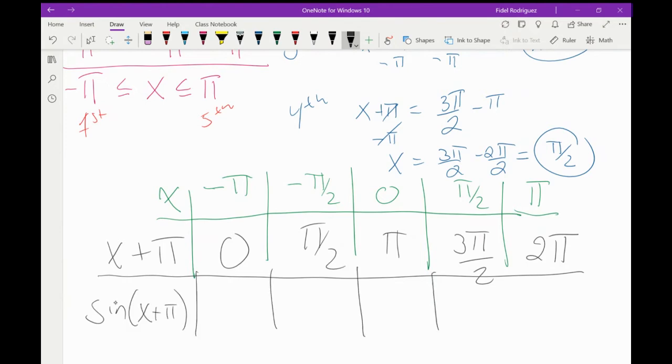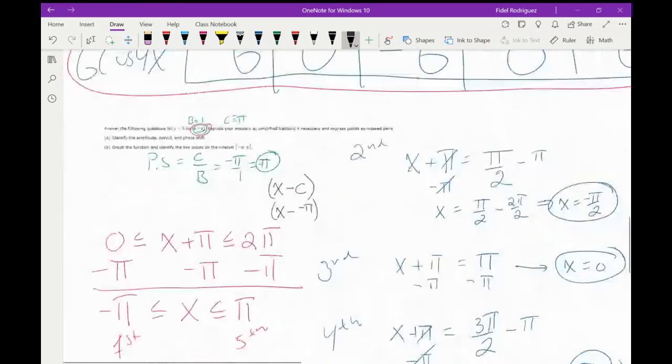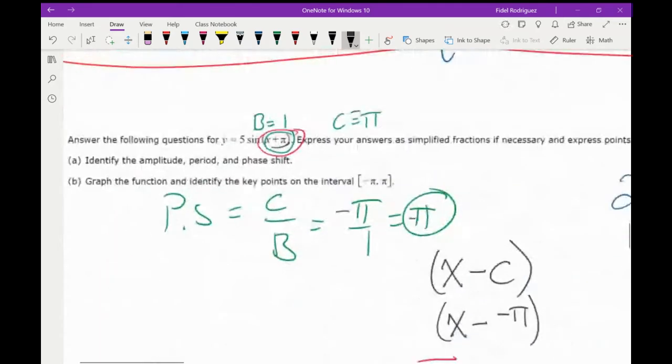Now let me ask y'all a question. Remember what the sine of 0 is? 0. Sine of pi over 2? 1. Sine of pi? 0. Sine of 3 pi over 2? -1. Sine of 2 pi? There you go. And then let me come back one more time. What do we have in front of it? 5.